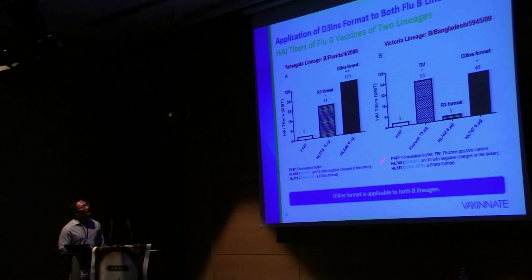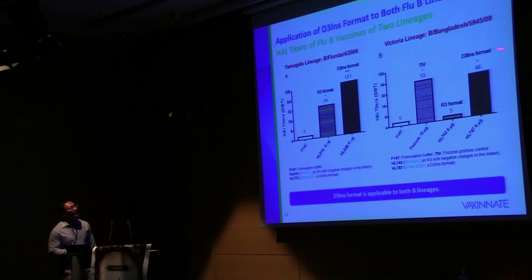As shown here, again, the D3 format outperformed the D2 format, and it elicited very robust HAI titers. And the Victoria lineage is comparable to the commercial TIV vaccines.